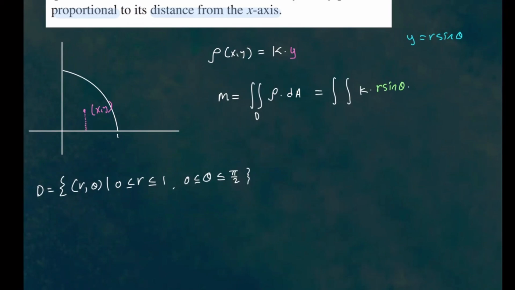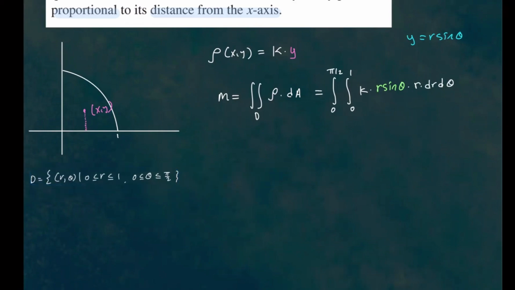Then in polar coordinates, our dA becomes r dr d theta. Our bound on r is 0 to 1, and our bound on theta is 0 to pi over 2. So that will be your setup for the mass.